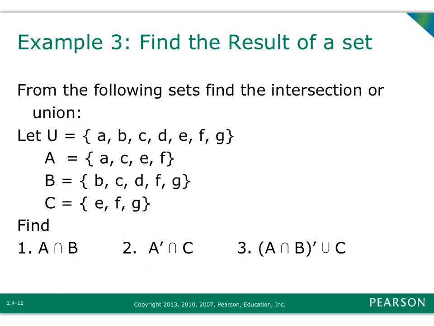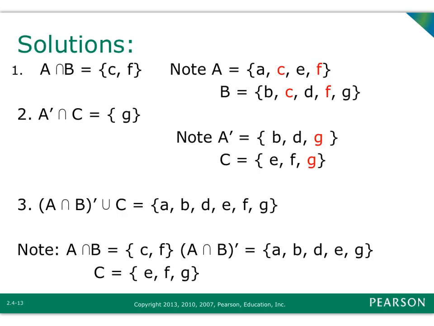Well, in the first case, we're going to show you that next. We want to note that A intersection B is equal to C, F. Why? Because the common elements between A and B are C and F. A complement intersection C is just equal to G because A complement is B, D, G and C is E, F, G, and now we see the common elements.